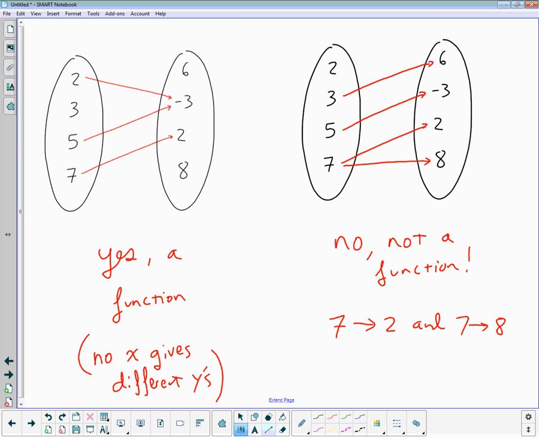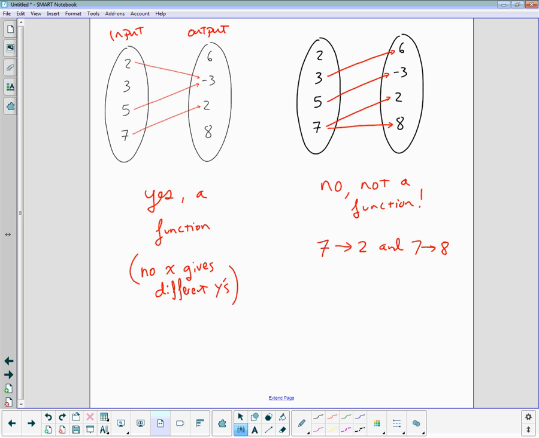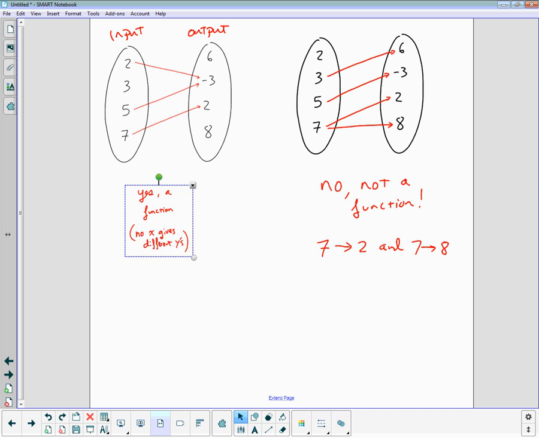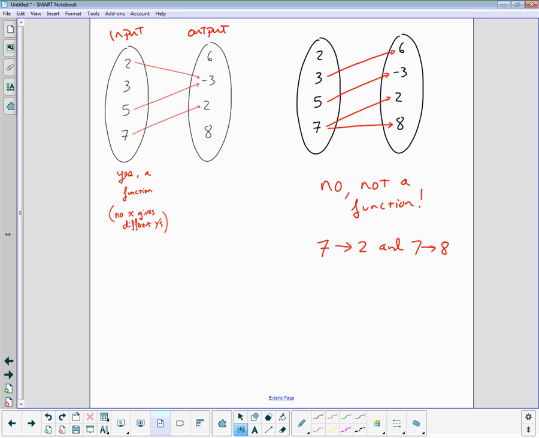Input, output. Guys, if it helps you to write out the ordered pairs, you can do that. The ordered pairs would be (3, 6), (5, -3), (7, 2), (7, 8). That's a little more work for you, if you have a hard time interpreting that.